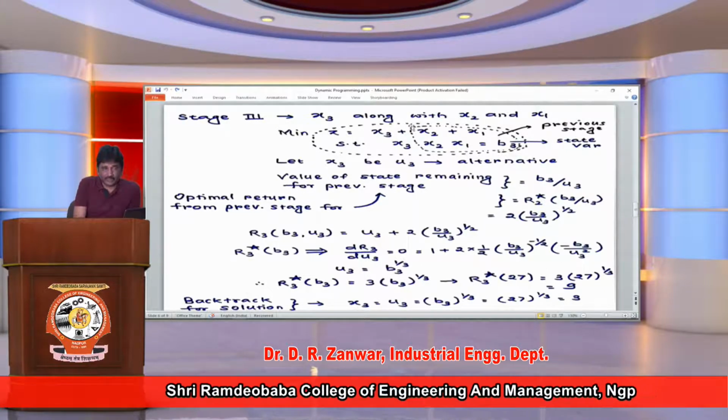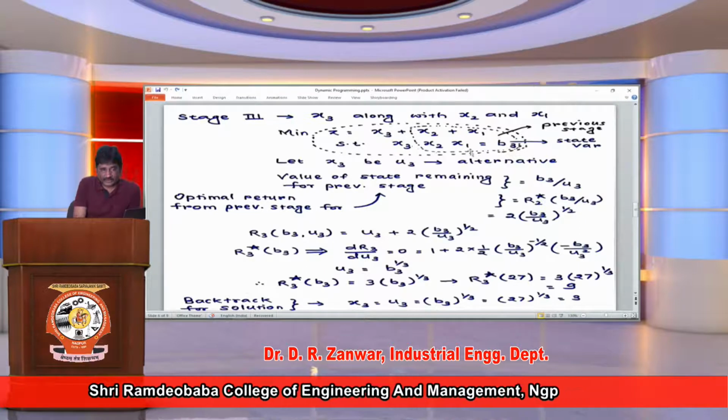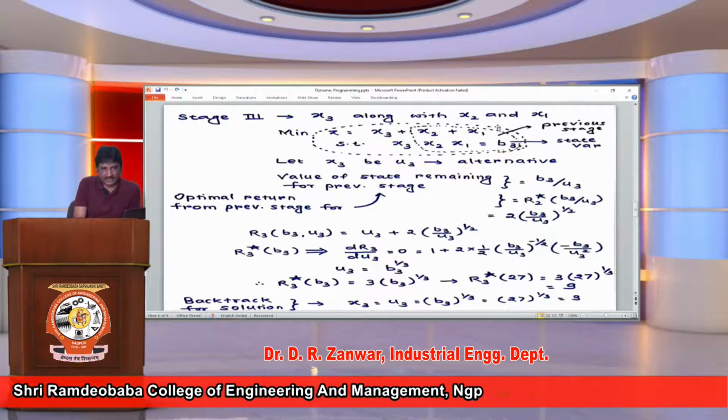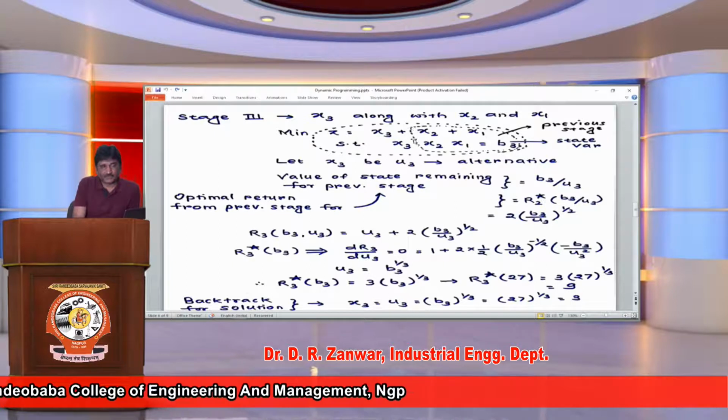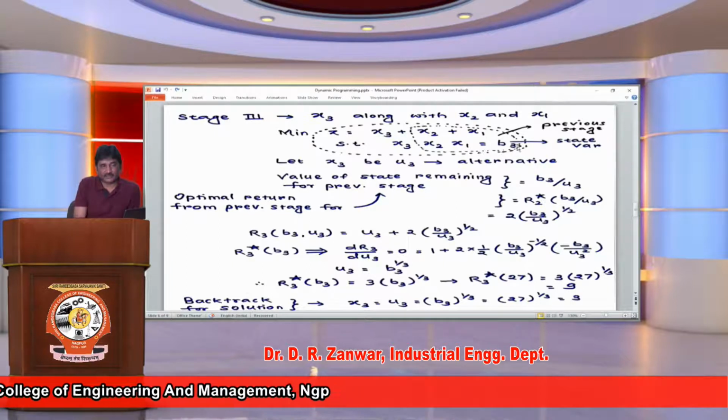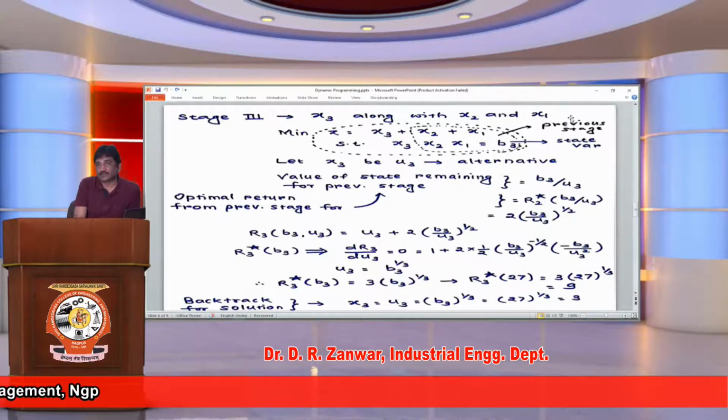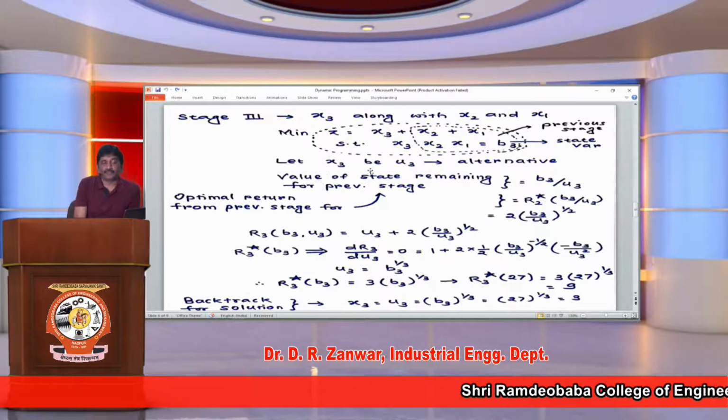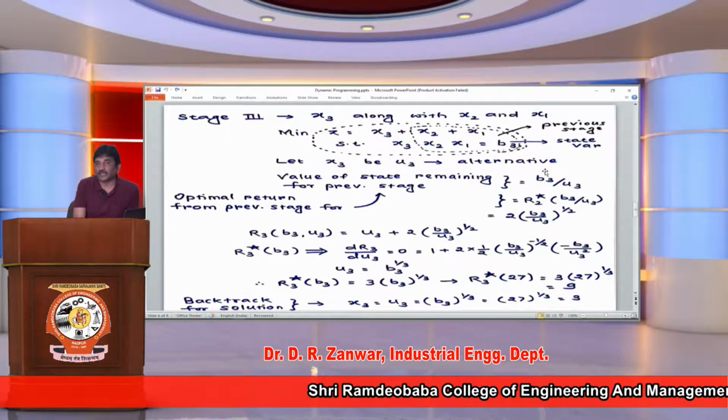Okay, and you once again notice here that the thing along which the cursor is moving is the problem which we dealt with in the previous stage, right? Anyway, now we have our state variable b3, and let x3 be u3, our alternative.